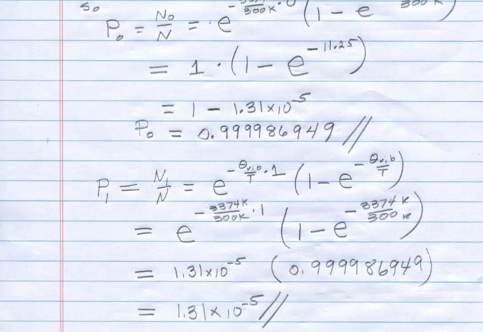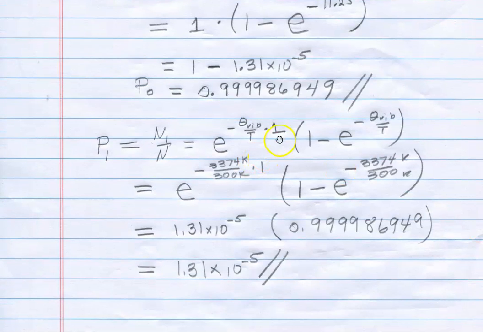Plugging in n equal to 1, we've got both the temperature and the vibrational temperature. And when I calculated that, I got this factor here times essentially 1. In fact, my calculator didn't give anything any different. But that's the probability that it's in the first excited state.